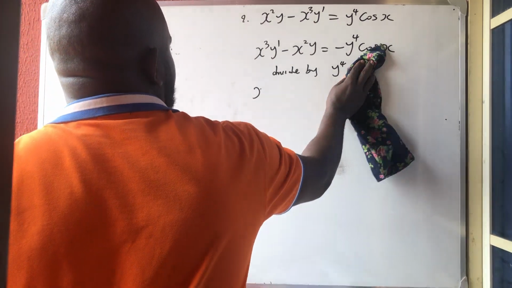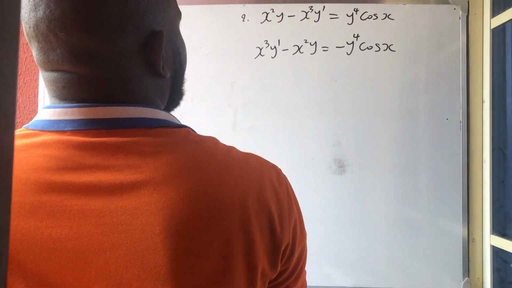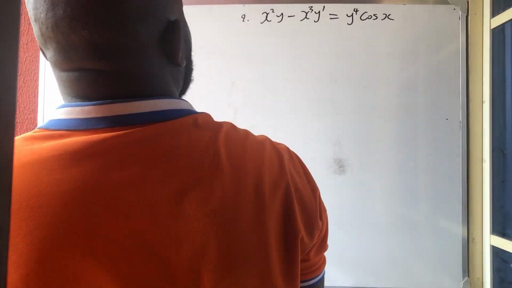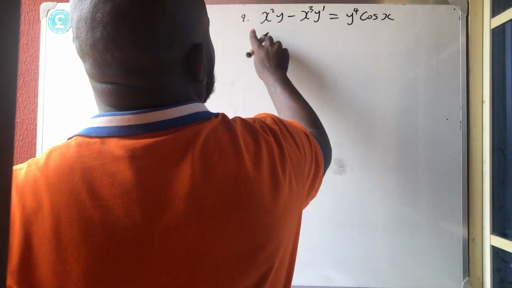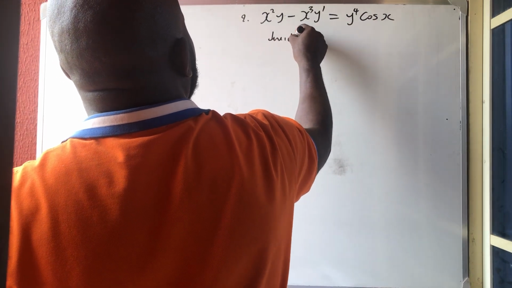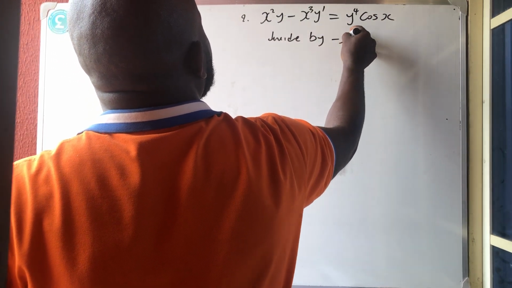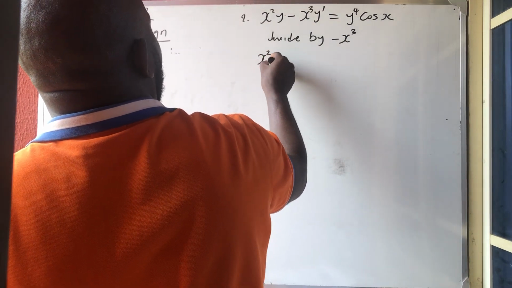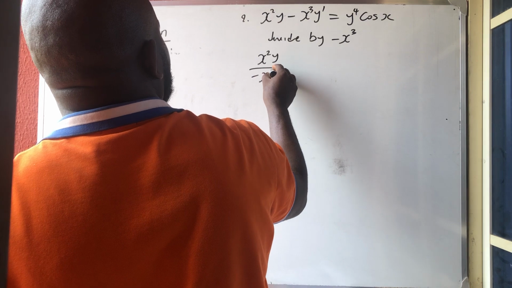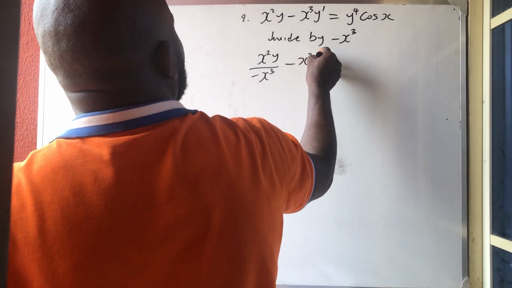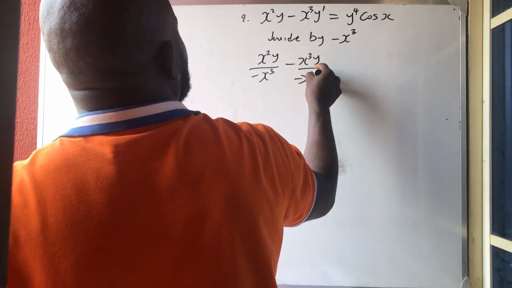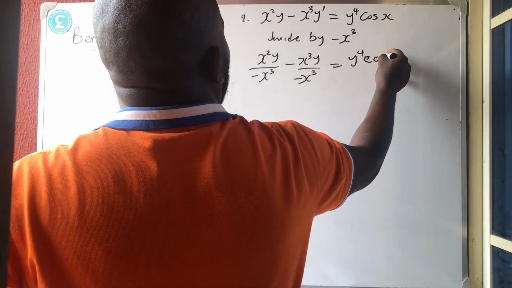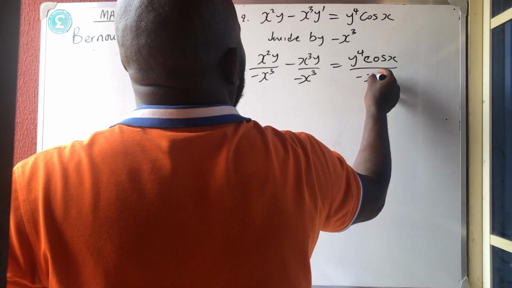So first of all, I want the coefficient of y prime to be 1. So let's divide by minus x raised to power 3. So I'm having x squared y all over minus x raised to power 3 minus x cubed y all over minus x raised to power 3 is equal to y raised to power 4 cos x all over minus x power 3.